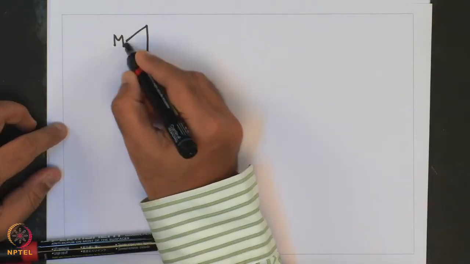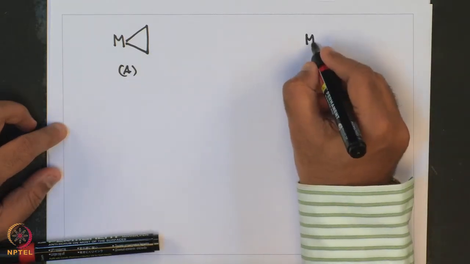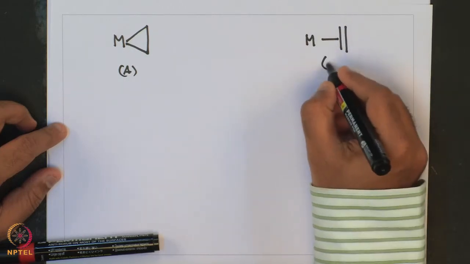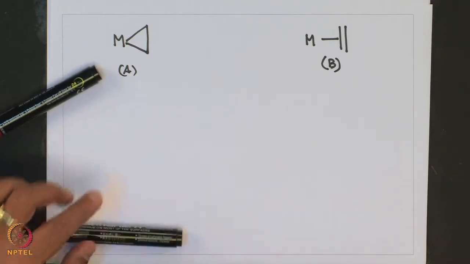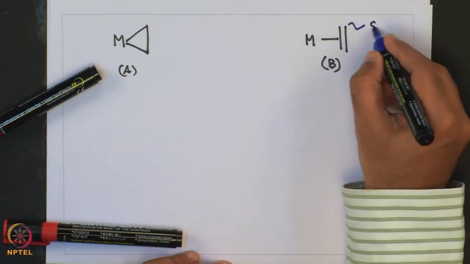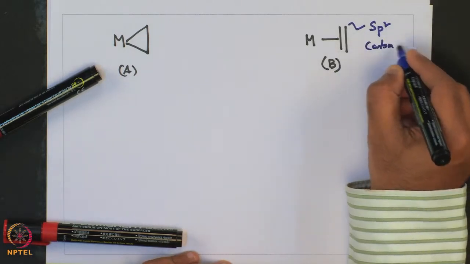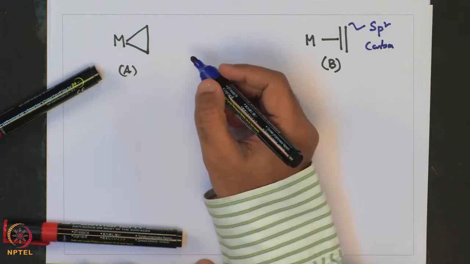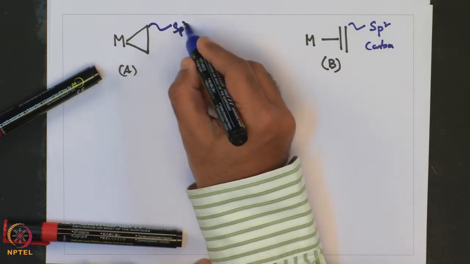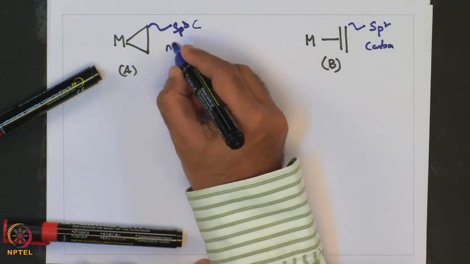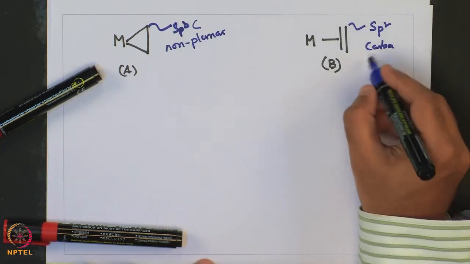For example, this is structure A and this is structure B. In B, the carbon atoms are sp2 hybridized, while in structure A, carbon atoms are sp3 hybridized, and hence non-planar. And for structure B, since it is sp2 hybridized, it is planar.